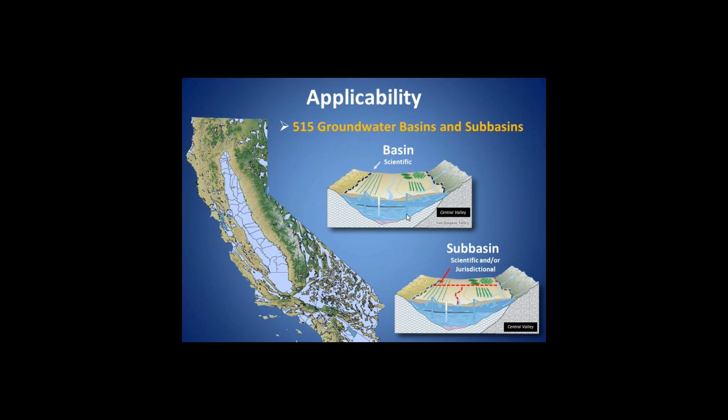In the basin illustrated here on the right, what you can see is the scientific boundaries reflect where these alluvial sediments, or porous sediments, abut against crystalline rock and define the limits of the greater basin. These basins are also subdivided into sub-basins based upon either scientific or jurisdictional means.